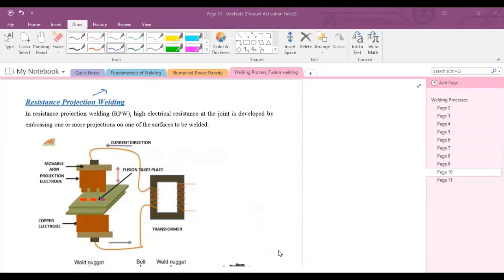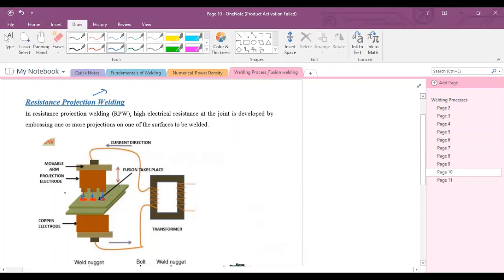As you can see, three projections are present, and due to the high electrical resistance at the joint, these electrodes come in contact with the base metal, and due to the projections, spots are formed over the surface of the base metal.